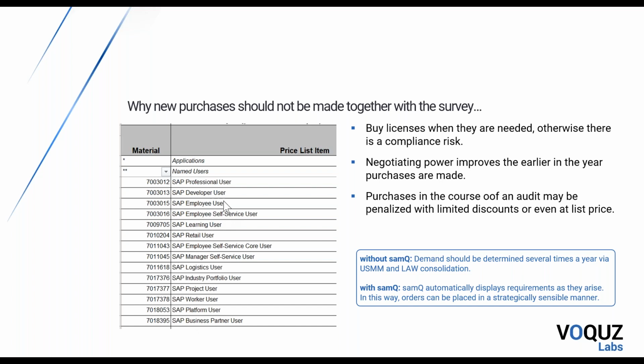These are, I think, 1, 2, 3, 4, 5, 6, 7, 8, 9, 10, 12, 14 plus 5. That should be the full list of users that are in the list today. So if you purchased limited professional users in the past, fine, you can buy more of them.